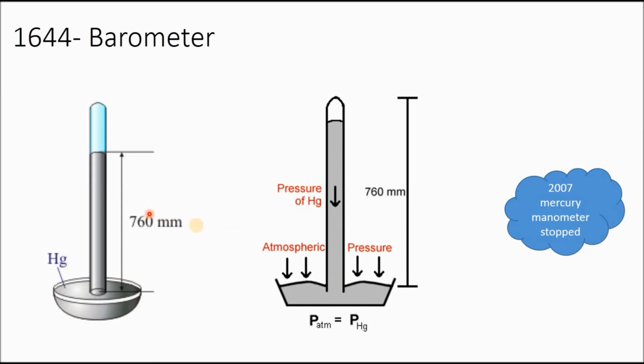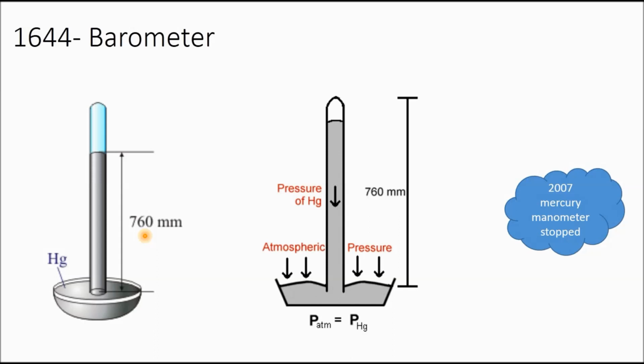So in 1644, he showed that we can only raise 760 mm of mercury, and this is because of the pressure acting on the mercury.